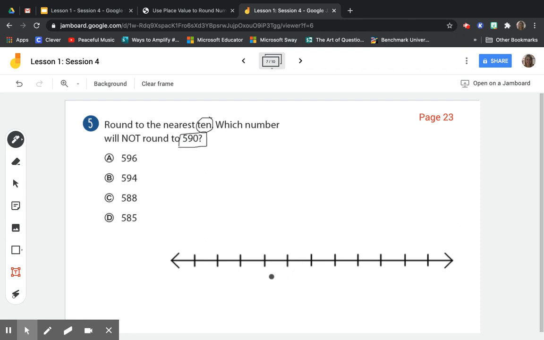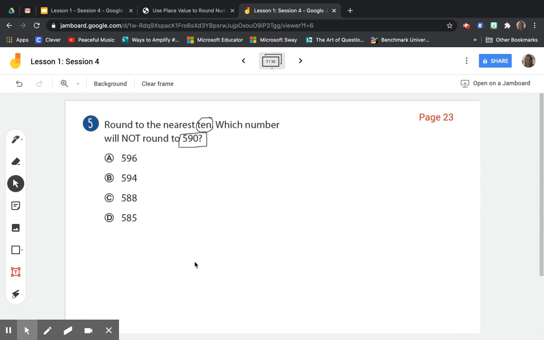Okay, so I'm gonna draw a new number line, and I'm going to look at tens. So I'm gonna look at the 10 before 590, which is 580.